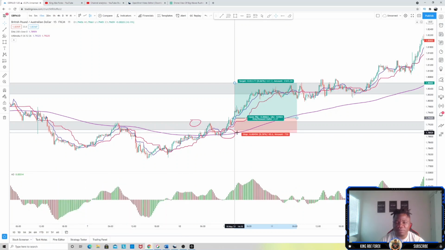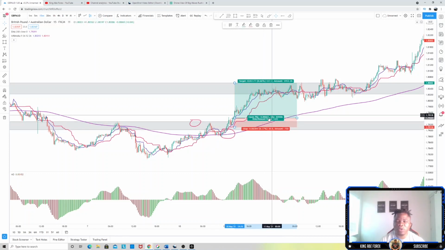We can put it right below the 200 EMA for 50 pips, or you can put it right below your Kijun-sen, which is this red indicator you guys are looking at. Let's say for 30 pips right over here, so that just in case anything happens, we won't get stopped out. We're looking at 30 pips, and we have a risk to reward ratio of 3 to 8.